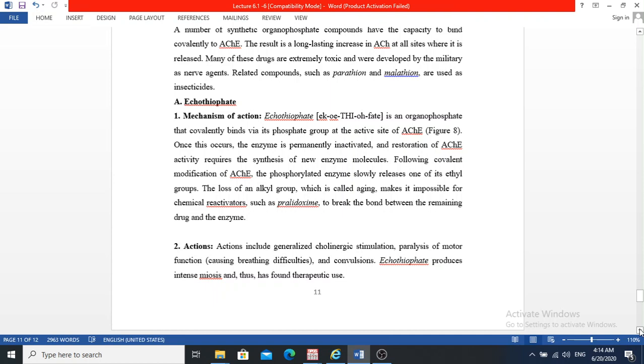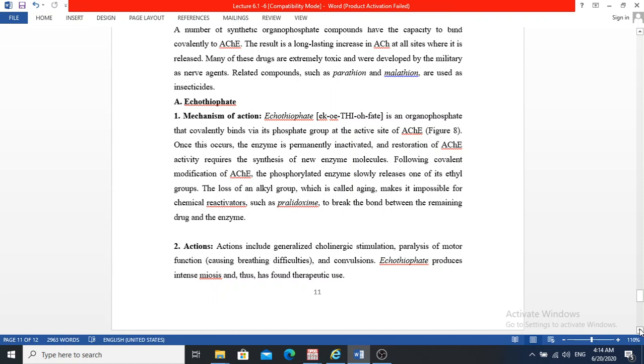So the acetylcholinesterase enzyme undergoes aging because of this coupling with ecothiopate. This makes chemical reactivation, such as the use of pralidoxime to break the bond between the remaining drug and the enzyme, impossible.